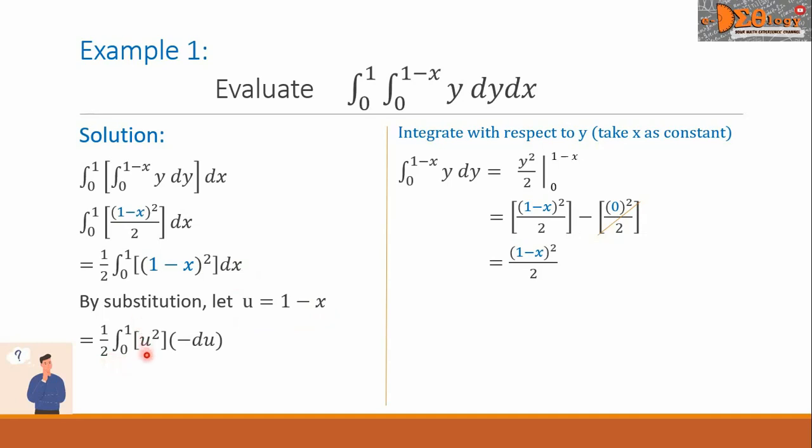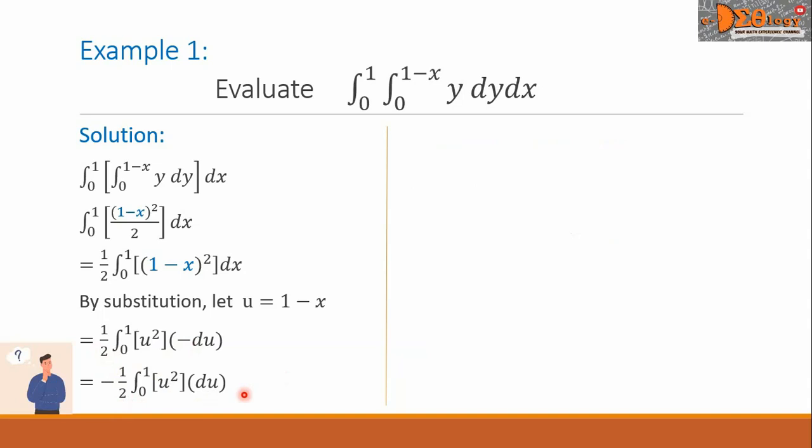It follows that the integral here becomes 1/2 times the definite integral from 0 to 1. The function is u squared times negative du. We can move the negative sign with a constant outside. So we have negative 1/2, the definite integral from 0 to 1, u squared du. Then let us integrate.